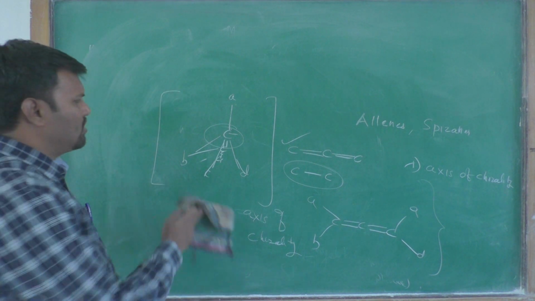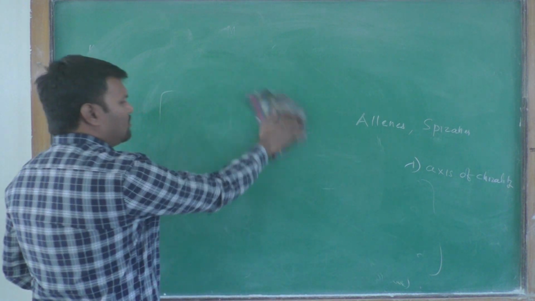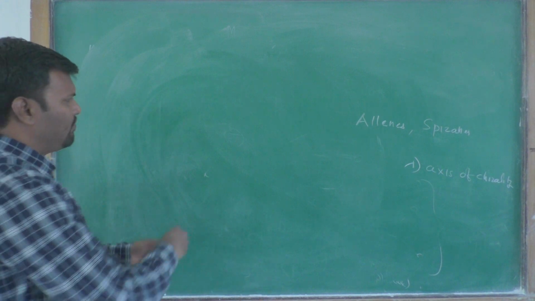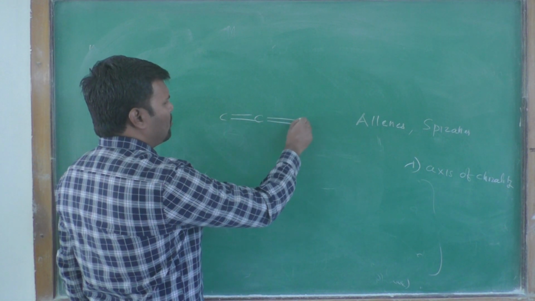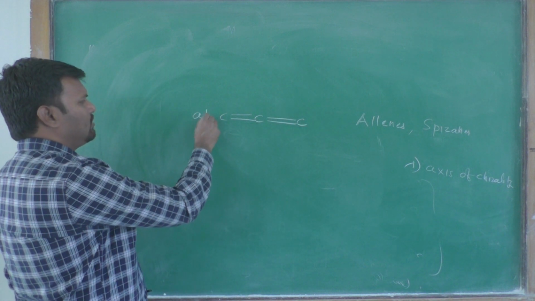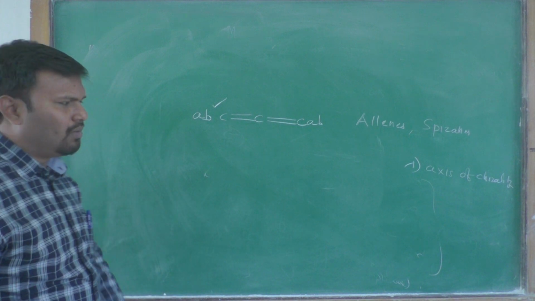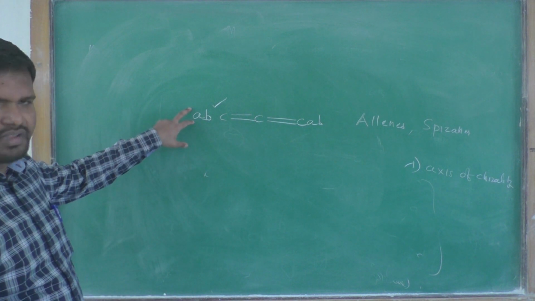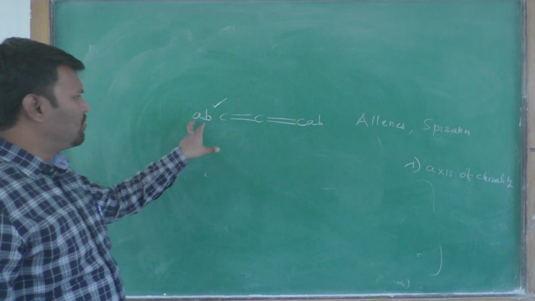Now we will discuss the allenes. In allenes, such a type of double bond is present: C double bond C and C double bond C, with groups at both ends.